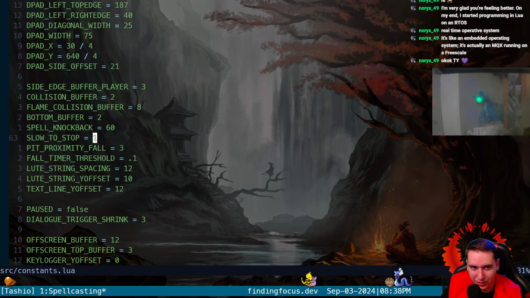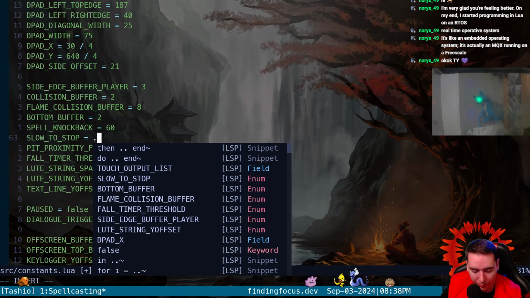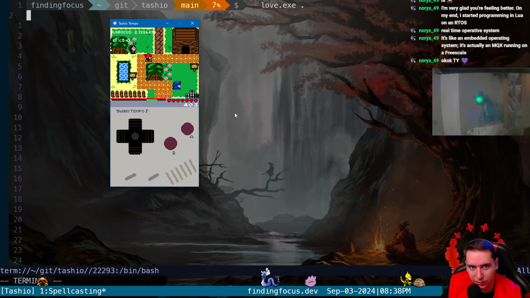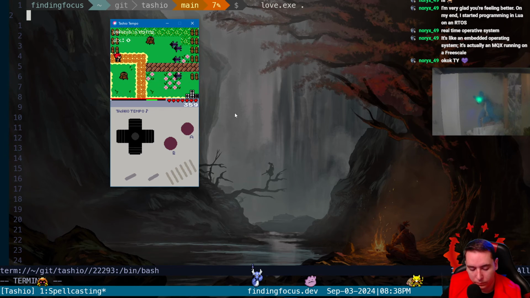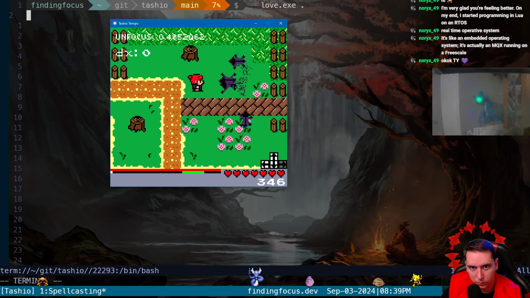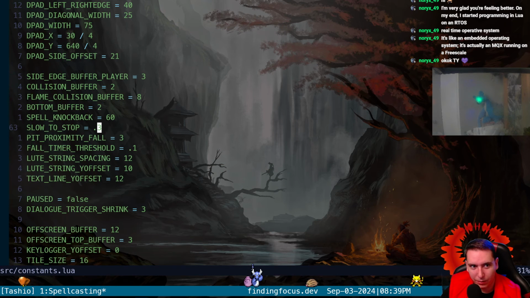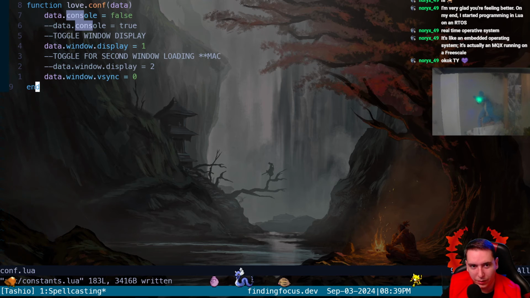Let's cut our slow to stop. You know, we want like 1/3 of a second. We don't want to be sliding for more than 1/3 of a second, right? So let's do that. Dude, okay, I'm misunderstanding how we're making this work.